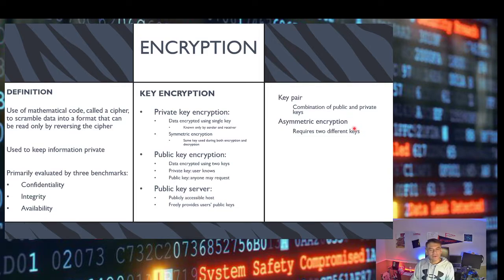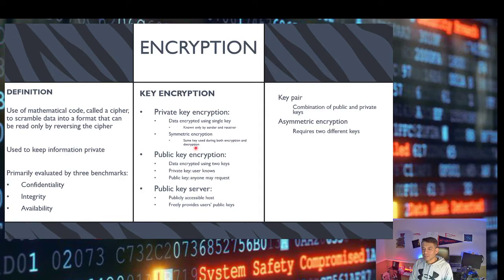And let me stop right there because I want to highlight two important connections. The first one, whenever you're talking about private key encryption, you are also referring to symmetric encryption. Why? Because you're using a single key for both encryption and decryption. That's number one.